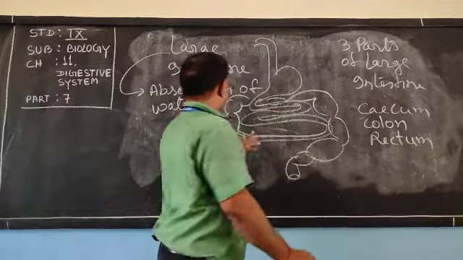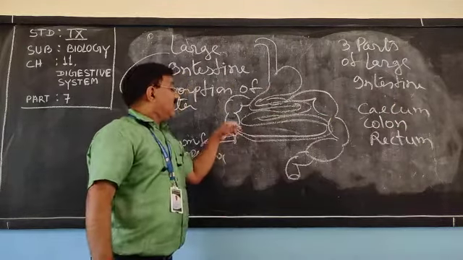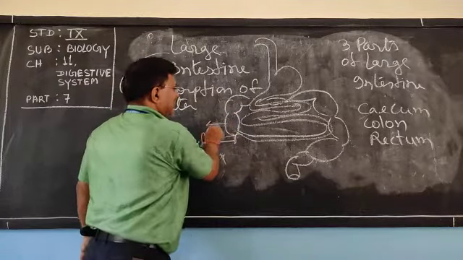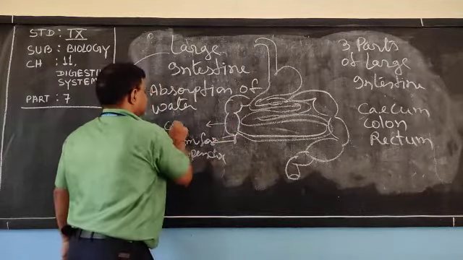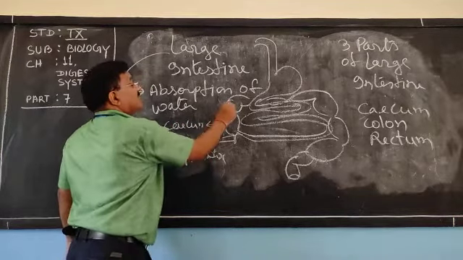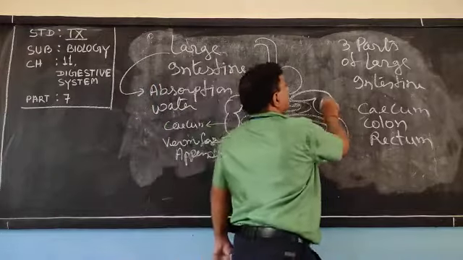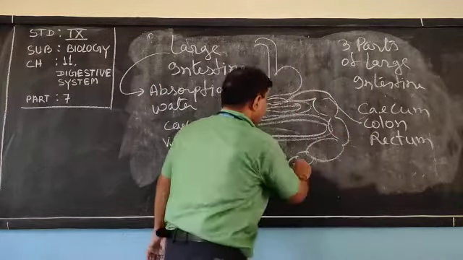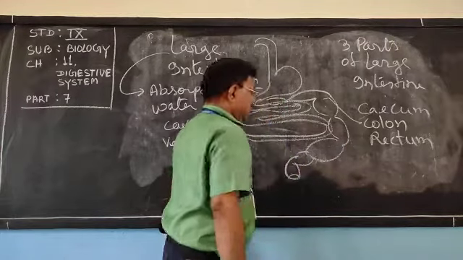So this blind pouch where the small intestine joins the large intestine, this part is the cecum. These folded parts are the colon, and the last part is the rectum.